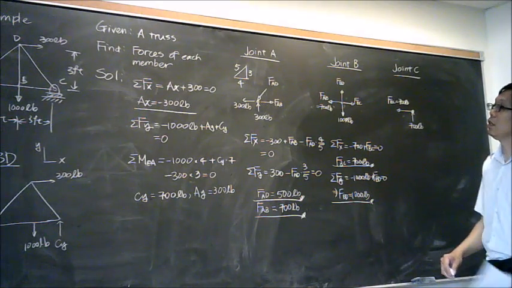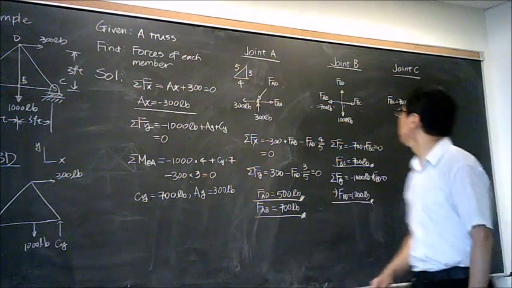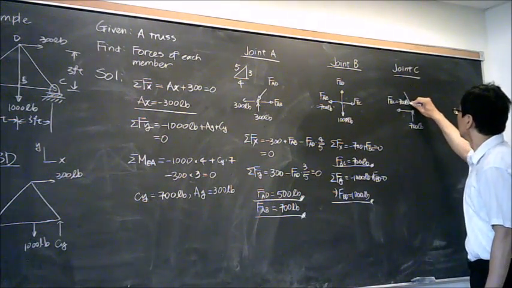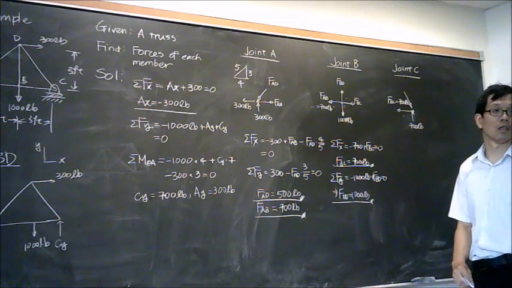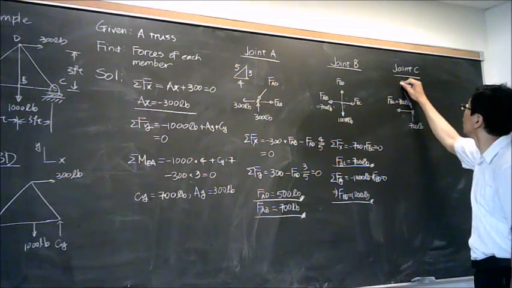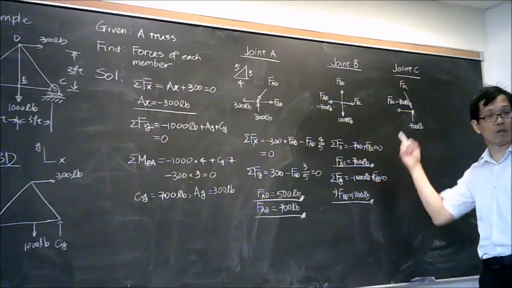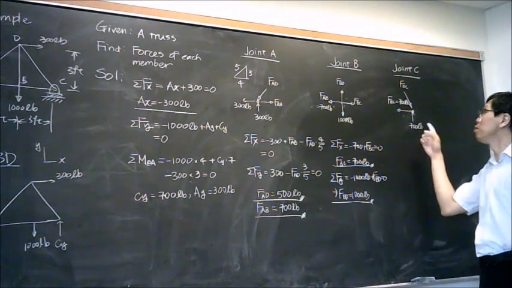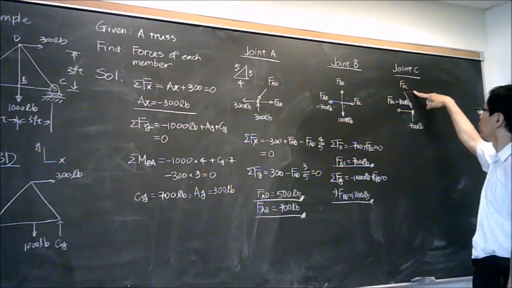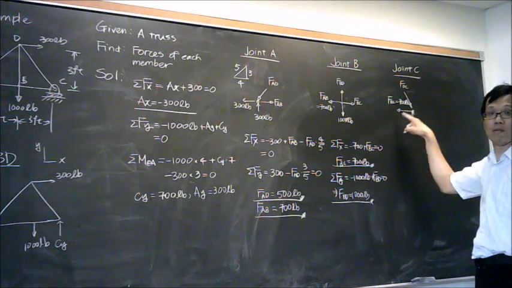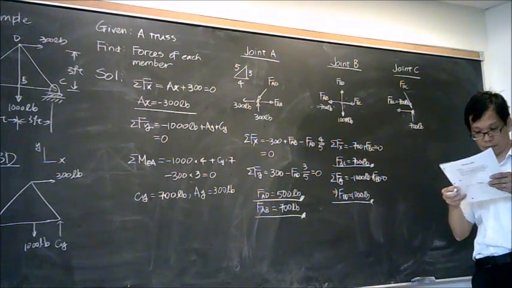What else? A force from member DC. I'm going to assume it's going downward like this because if you break this into horizontal axis and y axis, it's going to compensate for this one and this one, both of them.